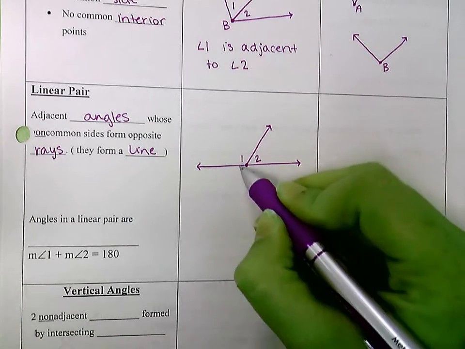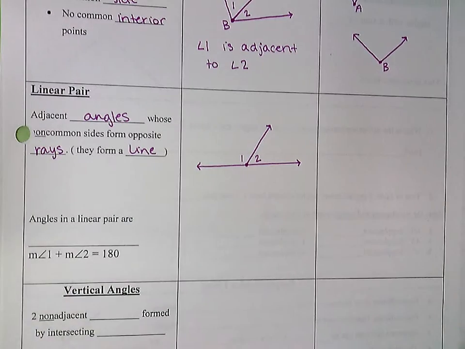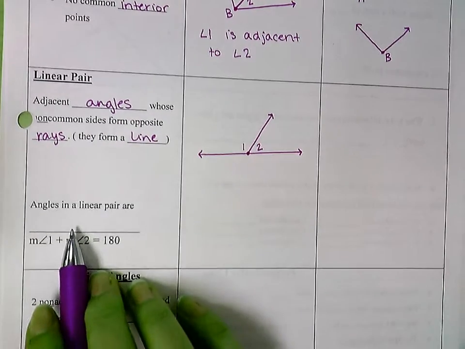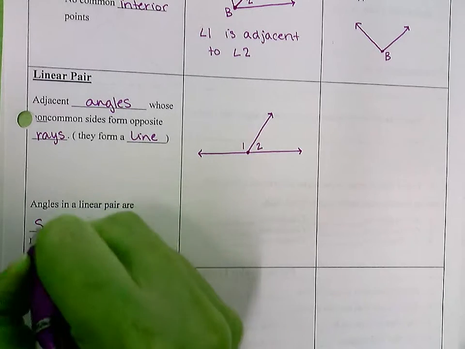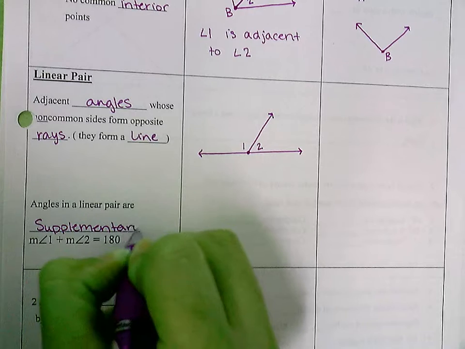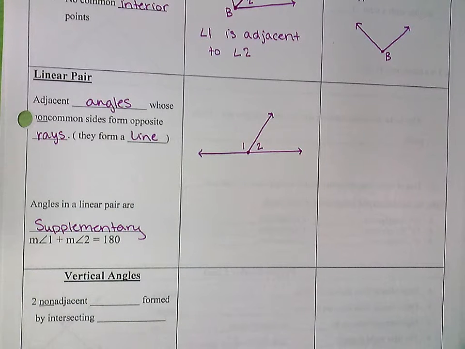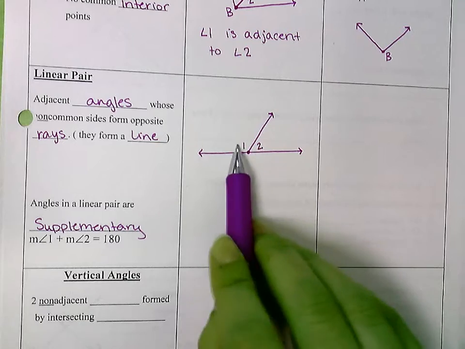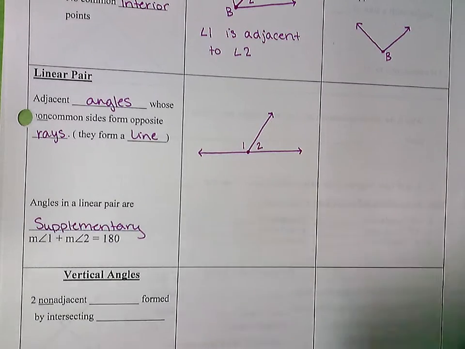Now if I have two angles that are adjacent and form a line, those angles are going to be supplementary, which means they're going to add to be 180. So if you have two angles that form a straight line, you can add them together and they should equal 180.